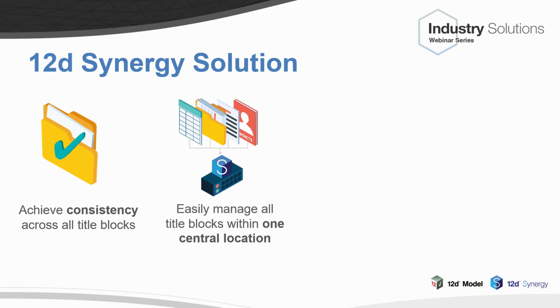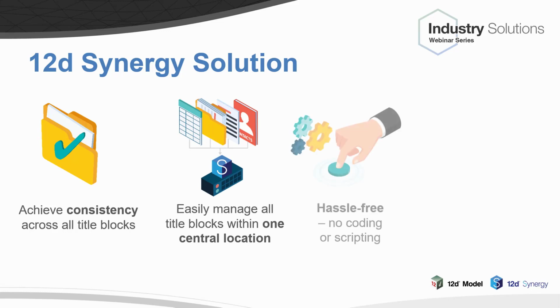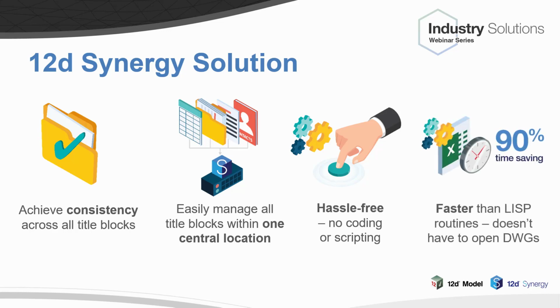You can easily manage all your title blocks within one central location. It's also hassle-free. No coding or scripting is needed. It's already built into the software. And you don't have to maintain a CSV file anymore. It's also much easier and faster than Lisp routines because you don't have to open any DWGs. All the updating occurs silently in the background.